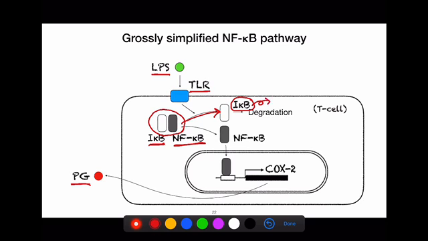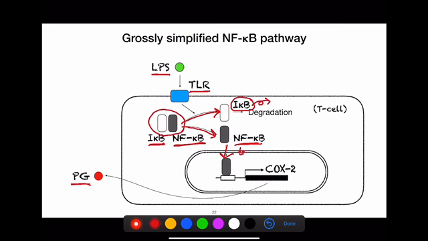But the NF-kappa B can be activated, can come into the nucleus in a process called translocation. And bind to the promoter upstream to a gene such as COX-2 to produce prostaglandin.